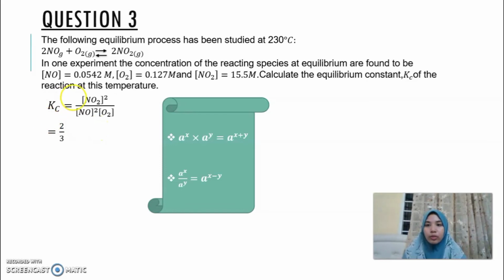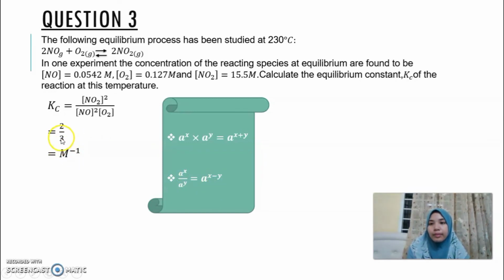To find the unit, we just need to calculate the powers in this Kc expression. In the algebraic rule, when it is multiplied together, the powers are added, so 2 plus 1 will be 3, and 2 divided by 3 becomes subtraction. So it will be 2 minus 3, which is minus 1, so the unit is M to the power of negative 1.